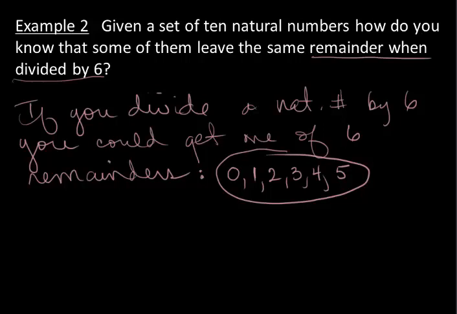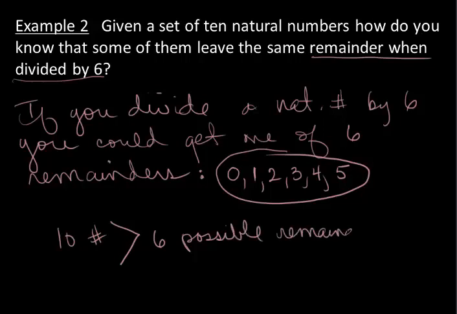So we have 10 numbers, and that is more numbers than there are 6 possible remainders. So you can just write this here. You don't have to say birds and holes. The number of numbers is greater than the number of possible remainders.